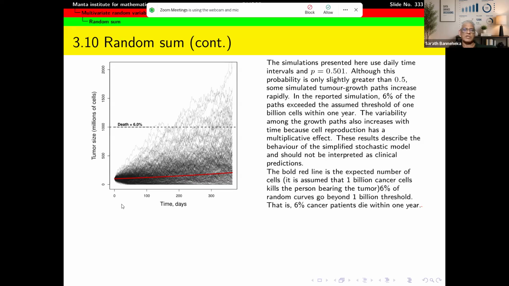At the beginning, we are considering 100 cells. So therefore, for each of those paths, the number of cells becomes large after some time, right? So this is the threshold that I'm considering, 1,000. In some of the paths, you can see that the total number at the end of 364 actually becomes larger than this one.